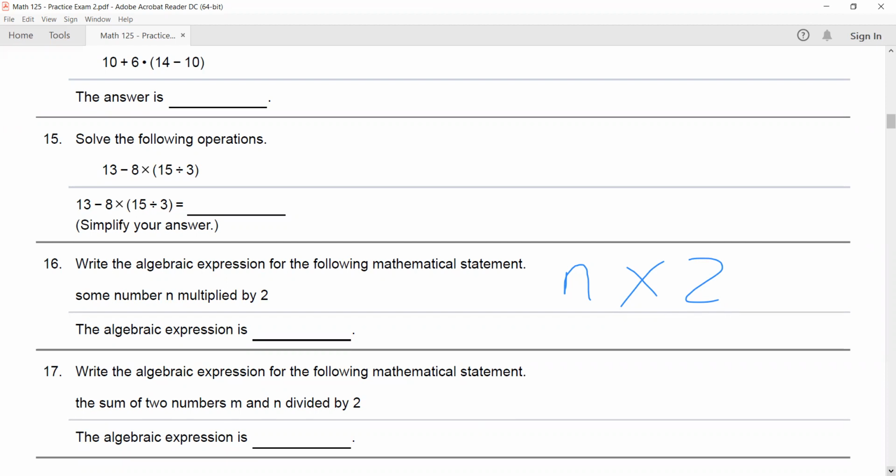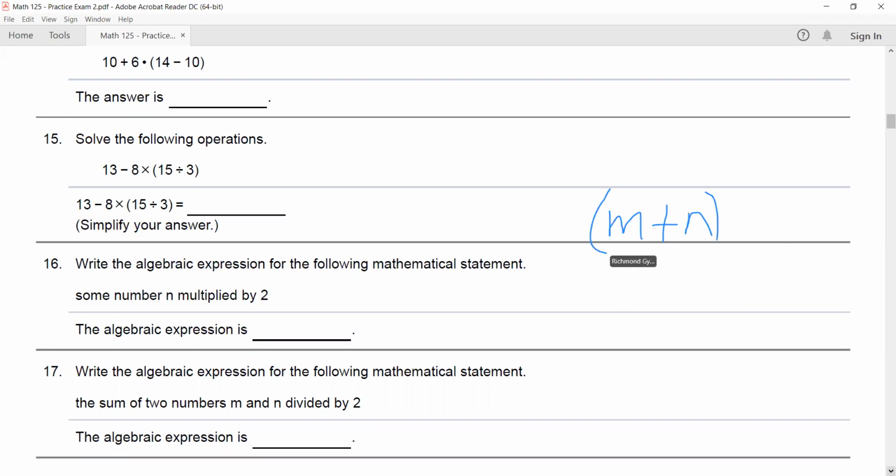All right. Number 17. Write the algebraic expression for the following statement: the sum of two numbers m and n, divided by 2. Here we are given the variables m and n, so the sum is going to be m plus n, right?